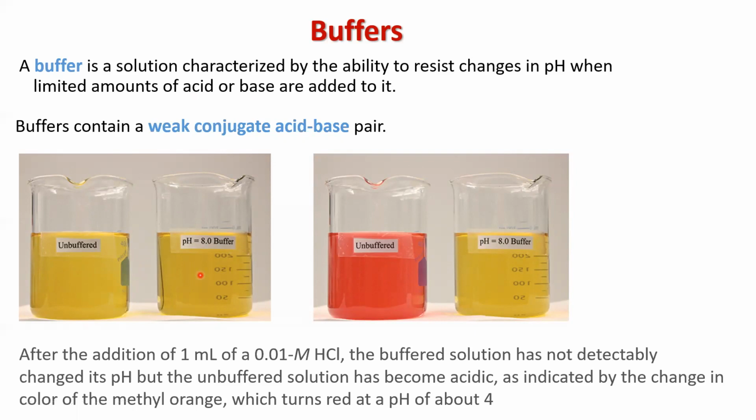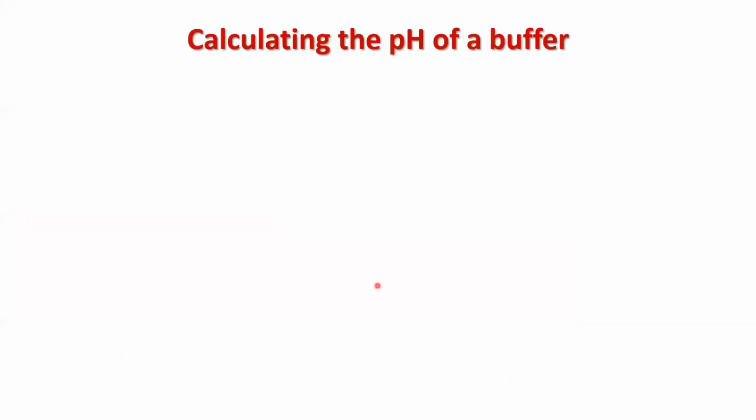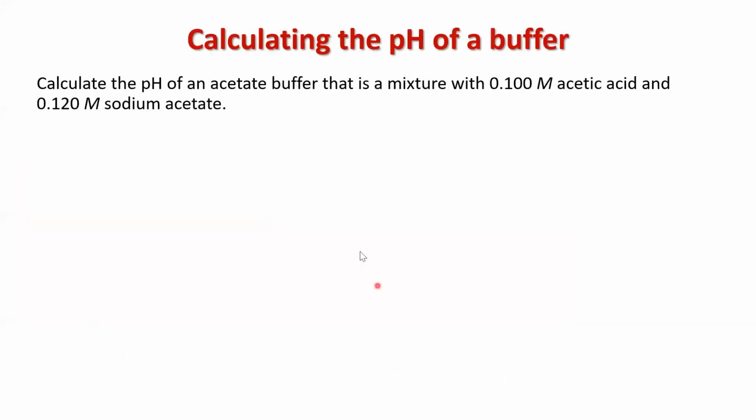If we add hydrochloric acid to it, the pH really doesn't change, and the indicator shows us that the pH isn't changing. But if we add a lot of acid, the buffer solution will eventually not be able to consume that acid anymore, and the pH is going to change.